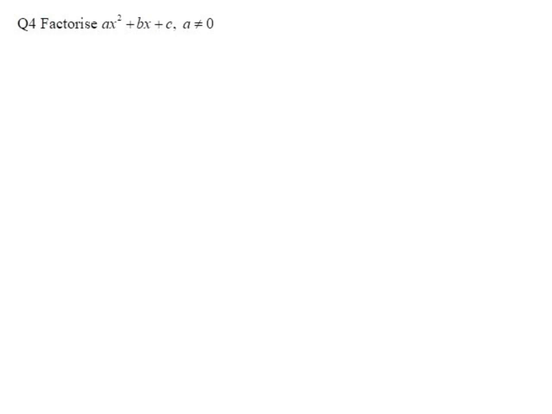As usual, we divide all the coefficients by the quadratic coefficient a, and then add a new constant (b over 2a) squared, to make the first 3 terms a perfect square.